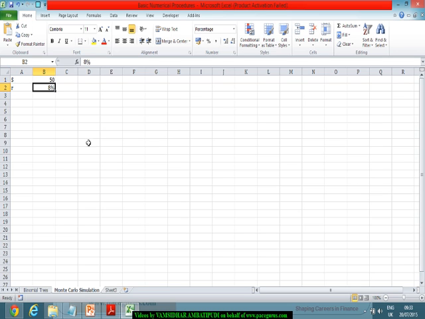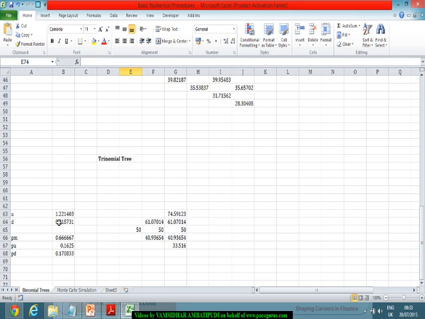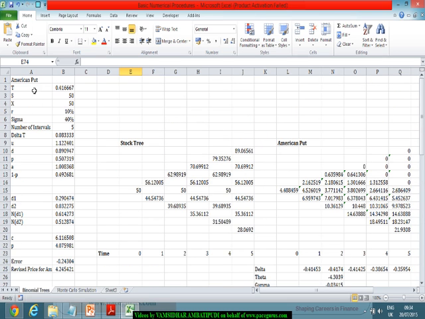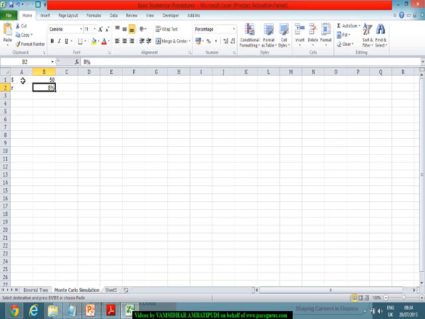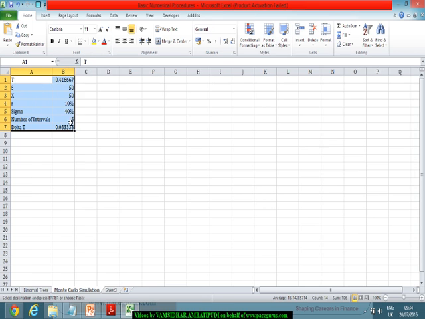Or probably we'll use the same example which we have used in the binomial tree. Let me use the same example, why not?